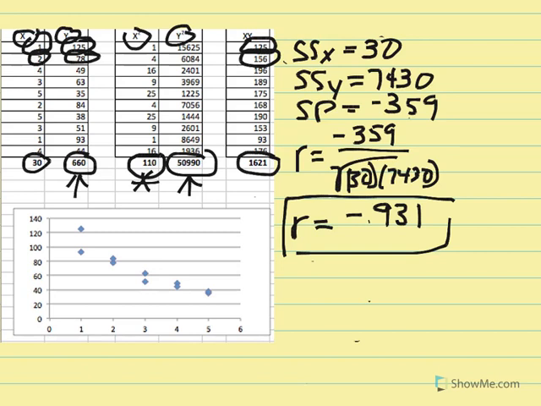Even though we weren't asked to, we should calculate also the R squared. So R squared is referred to as coefficient of determination. And so we would take negative 0.931 and square it. So in our calculators, 0.931 multiplied by itself, and we get 0.867.